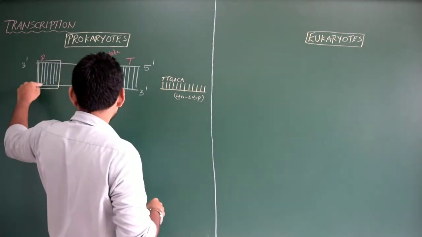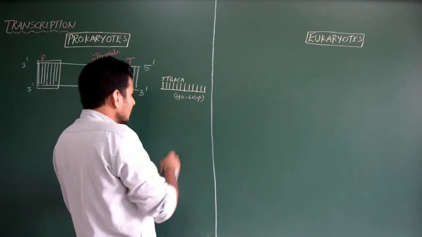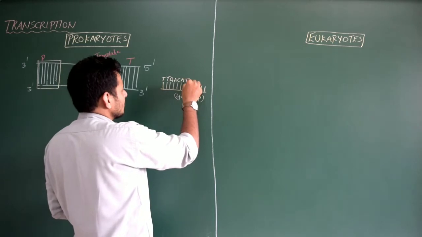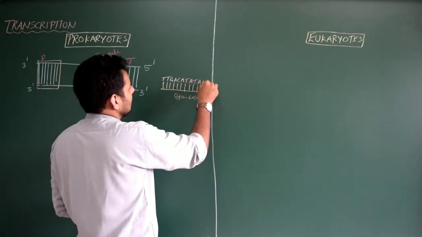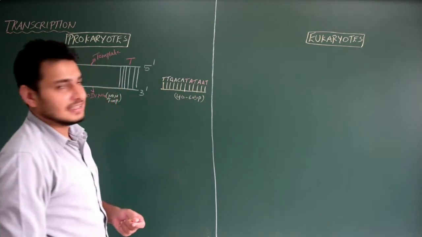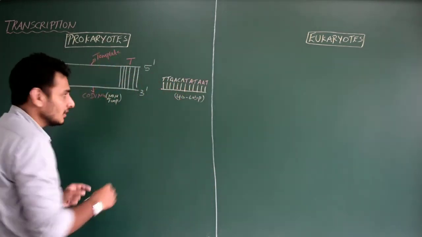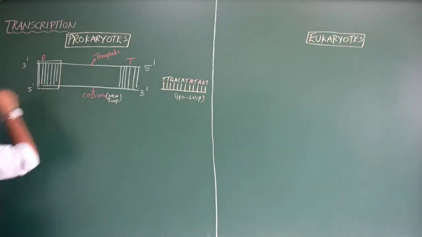This side, I'm talking about this side, not the template strand. And again, within the promoter you could see another sequence, which is read as TATAAT. Okay, this is very important. So now, the same sequences are present within the promoter.